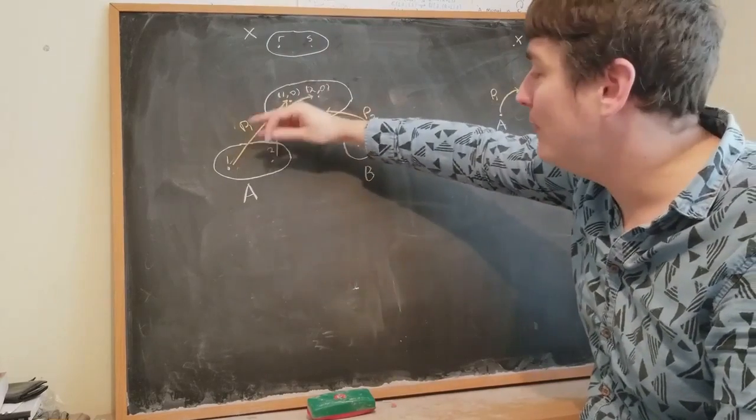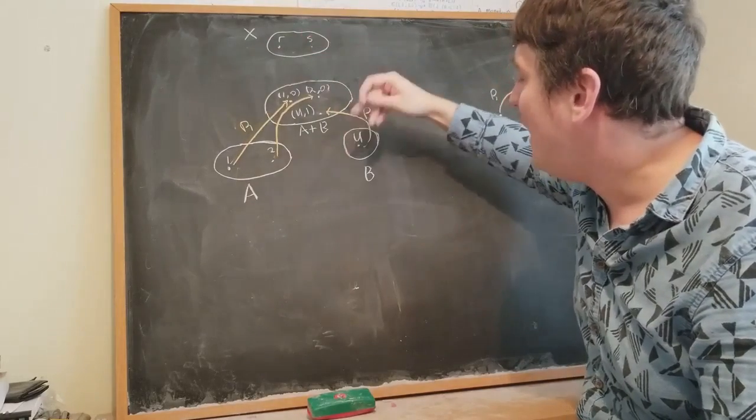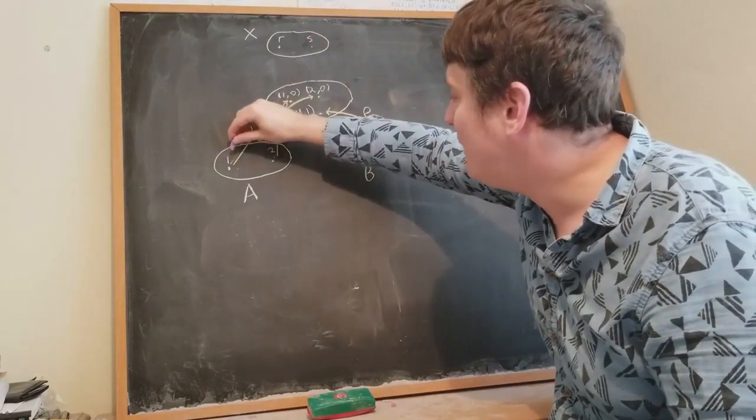Then there must be some arrows, some functions from A to X and from B to X. So let's just make one up.